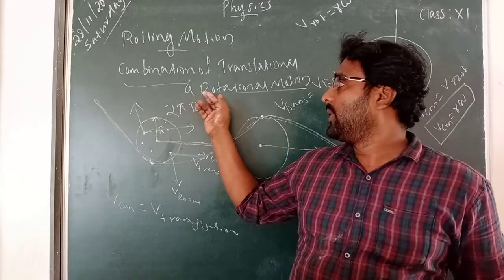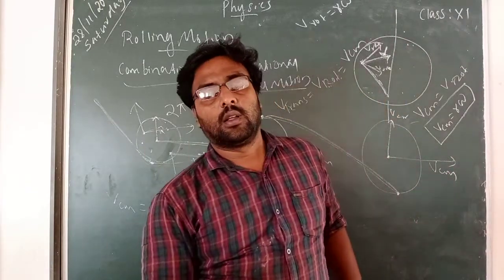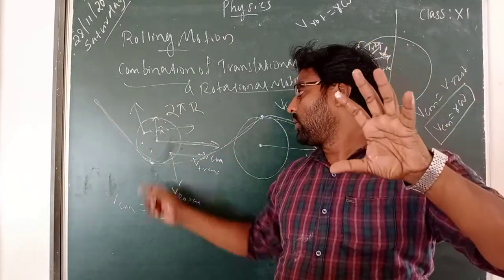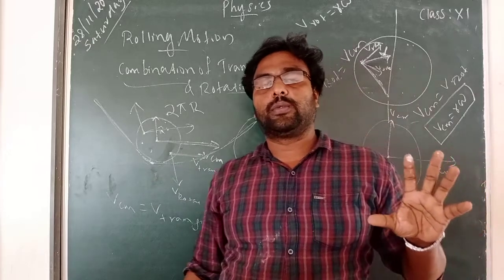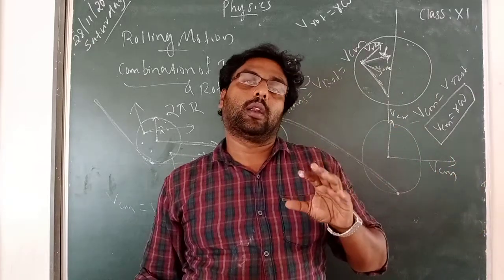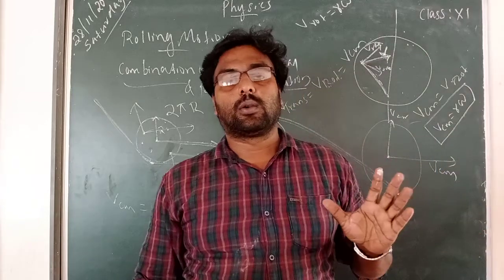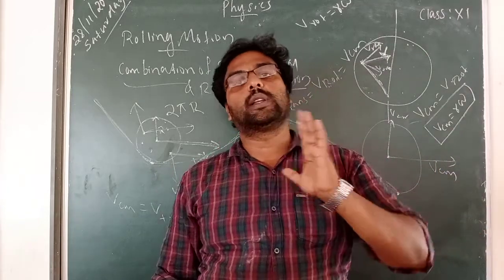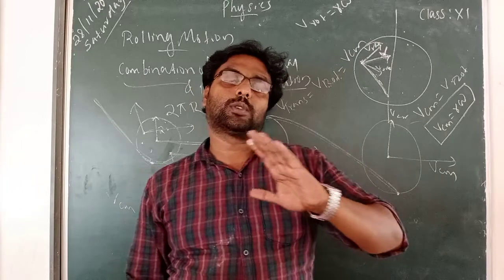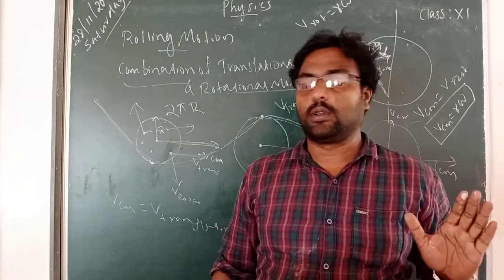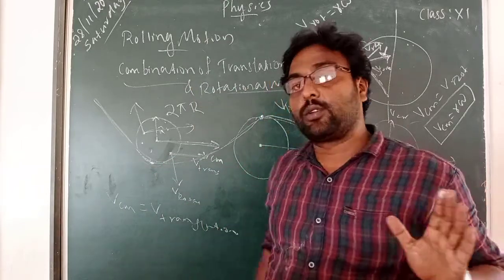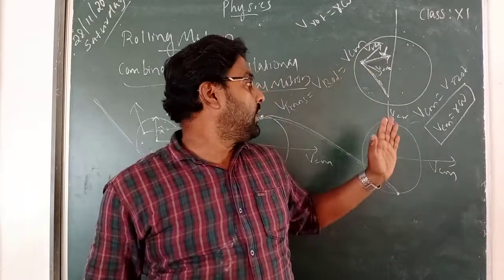So you see, this is what you can consider on a circle. If you are choosing a point, that point moves in two directions, translational and rotational, and the center of mass moves in a straight line path. So it possesses only translational motion. So you can write now VCM is equal to V translational.